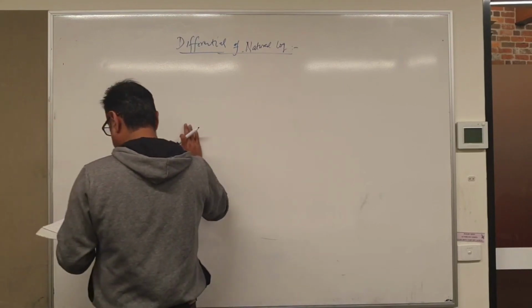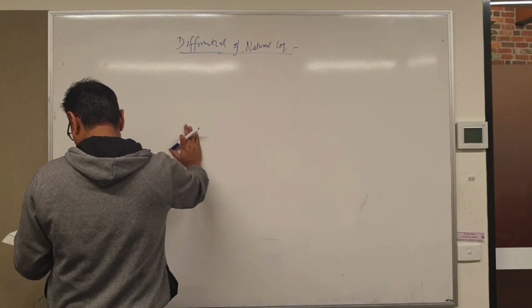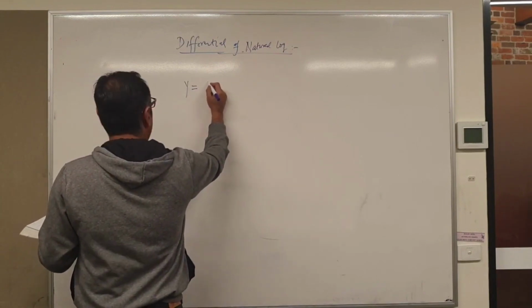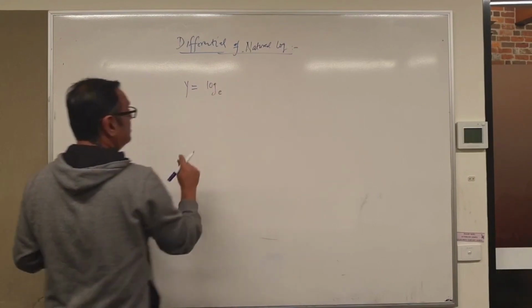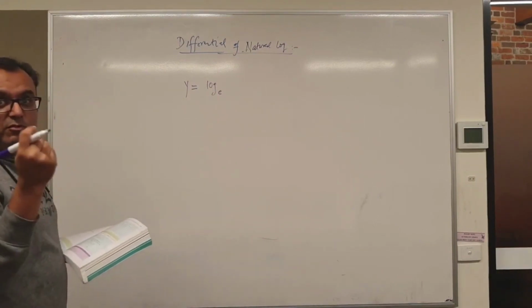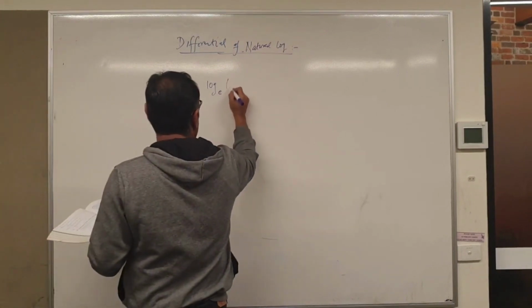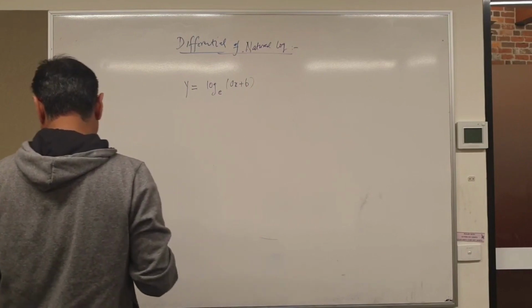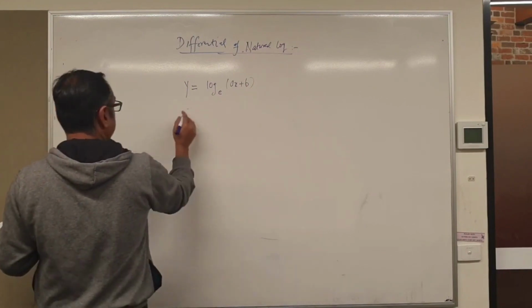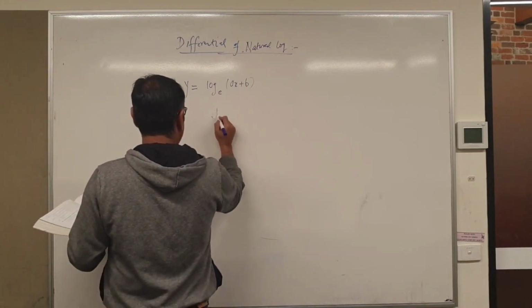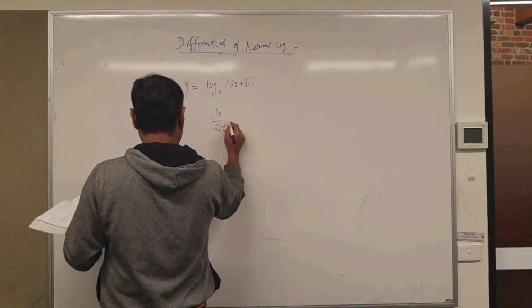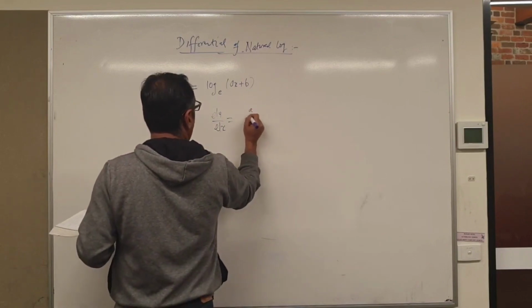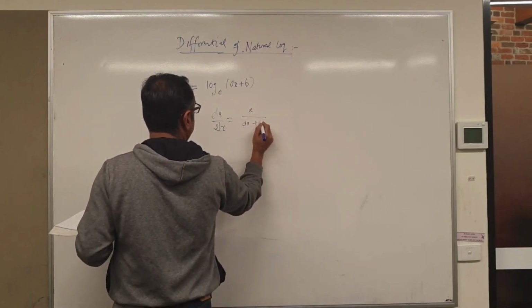Generally speaking, if you have your y equals natural log, which is the log of the base of e, of ax plus b, so if you got something like this, your dy by dx is a over ax plus b.